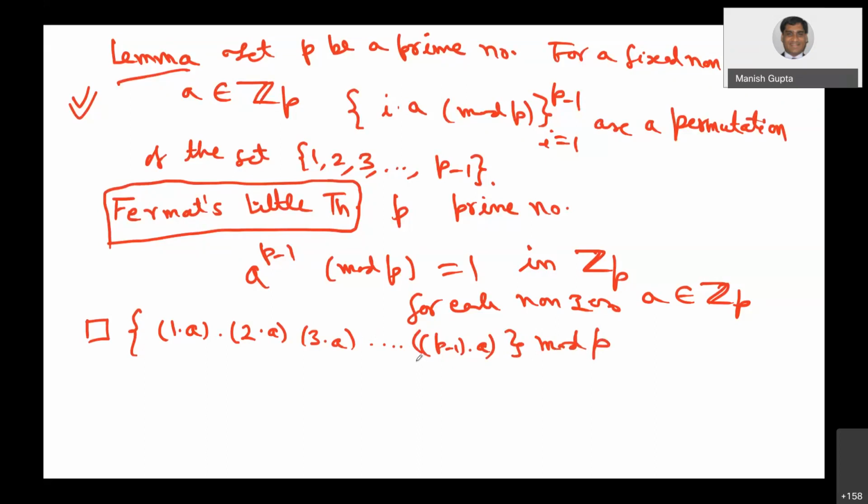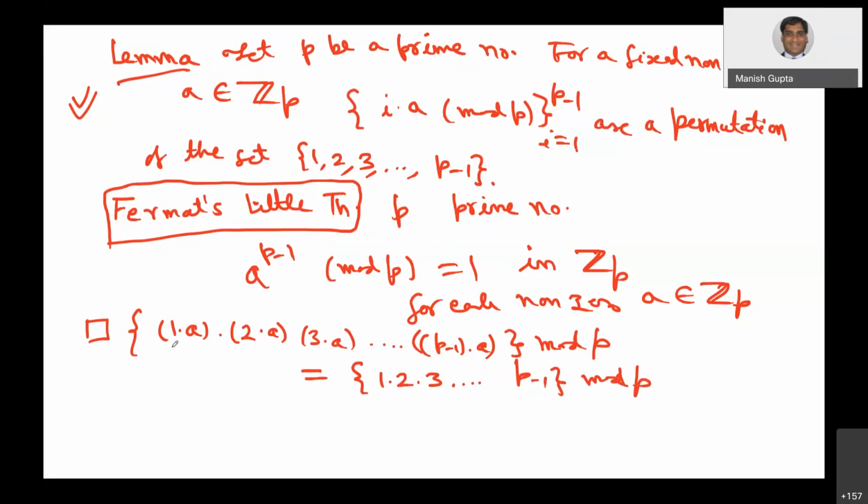We know that this set, the I times a, is nothing but a permutation of the elements, right? So this will be the same thing as 1, 2, 3, up to p minus 1 mod p, from the above lemma. It will be just permutations.